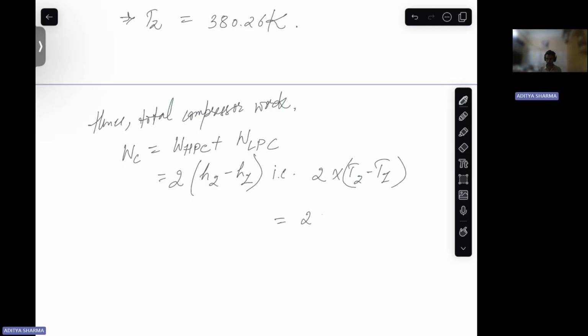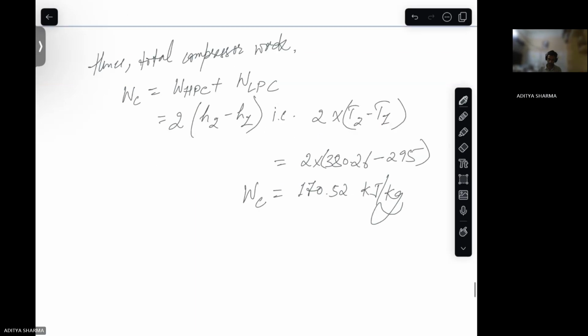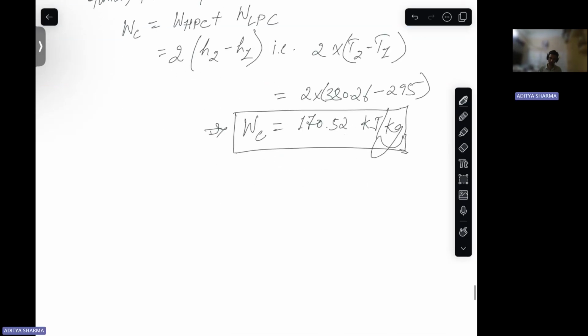So this is 2 into 380.26 minus 295. You solve this, it will be 170.52 kilojoule per kg. So this is your compressor work, both the compressors.